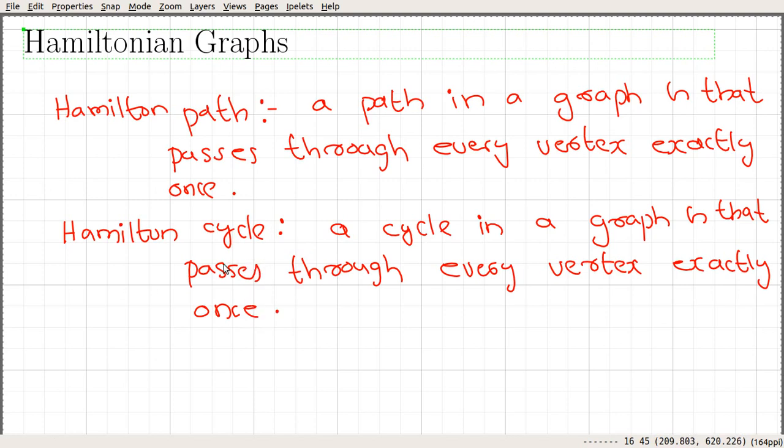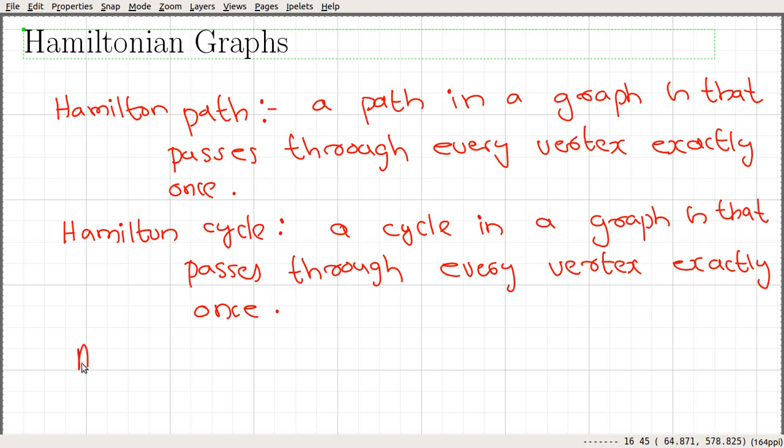So it is similar to an Euler cycle, or an Euler tour. In the case of an Euler tour, it's a tour in a graph that passes through every edge exactly once. Here, a Hamilton cycle is a cycle in a graph that passes through every vertex exactly once. And if a graph has a Hamilton cycle, then such a graph is called a Hamiltonian graph.